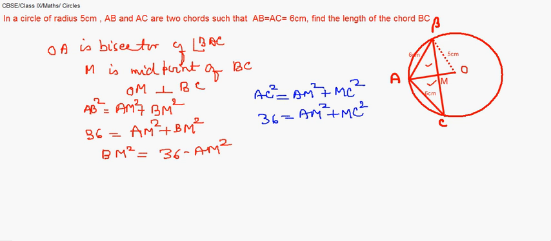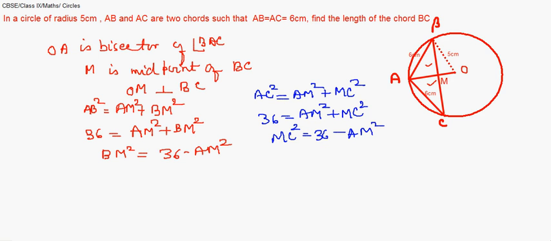So MC square is equal to 36 minus AM square. Even without doing so, you can directly write it as BM, because BM is equal to MC. Therefore, we can write the same without even substituting these values.